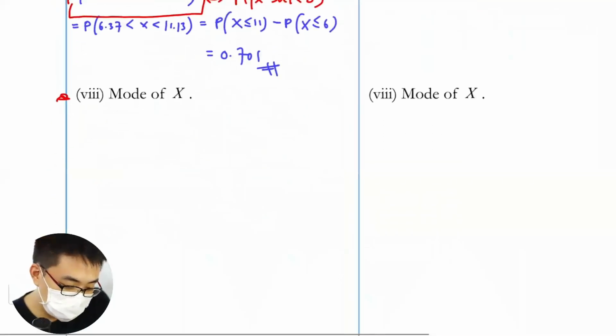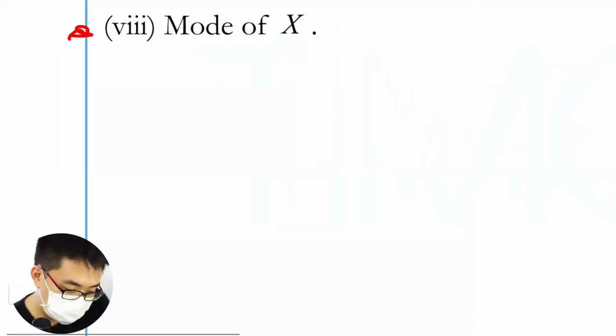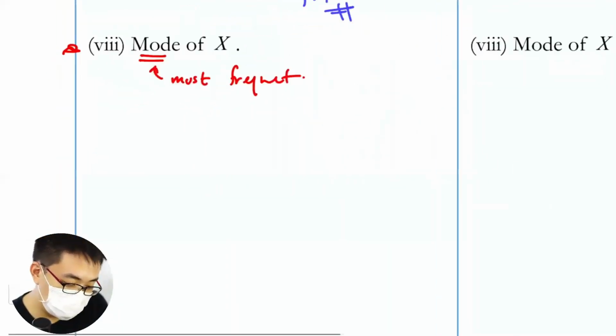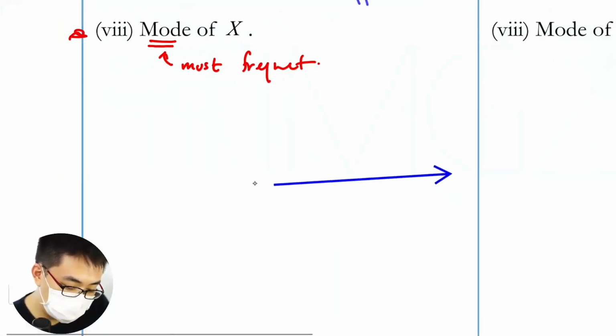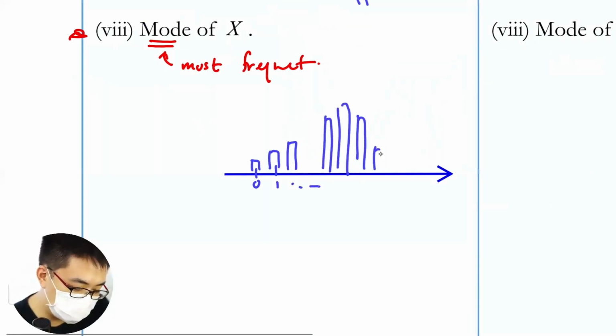Okay, the mode means what? Mode of X means what? Mode means most frequent. Okay, the most frequent class that you want to find. In other words, if you think about it, let's say this is 0, this is 1, and so on, you want to find the one which has the highest probability.